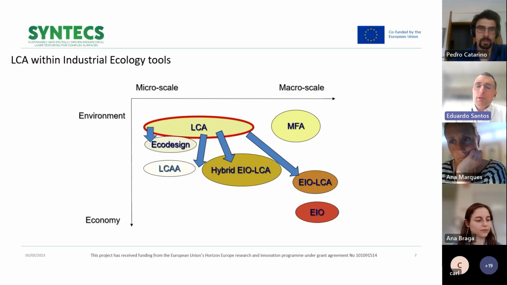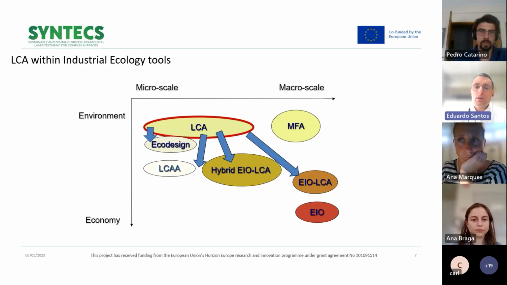So beginning with LCA. LCA is life cycle assessment. It's a tool that is used within the industrial ecology toolbox, let's say. So industrial ecology is basically a science where you address the industrial processes in a way that is similar to natural ecosystems. So there is a big parallel that you can address. And LCA is one of the fundamental tools within this toolbox.